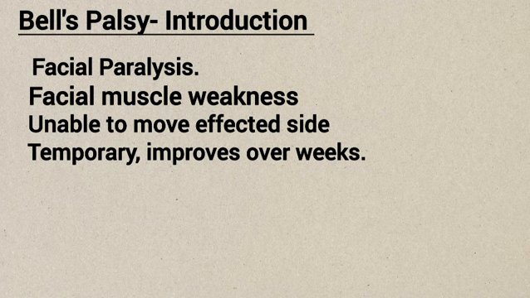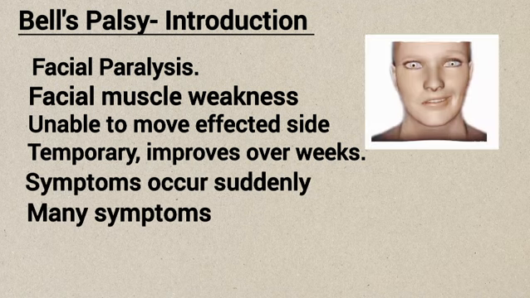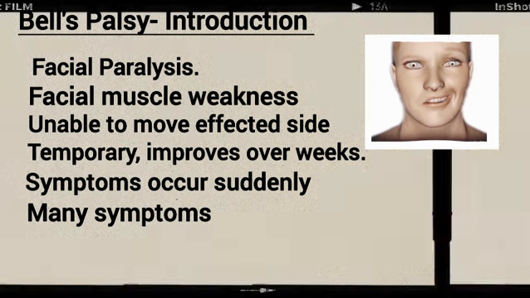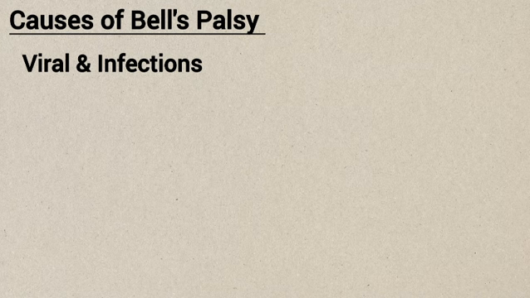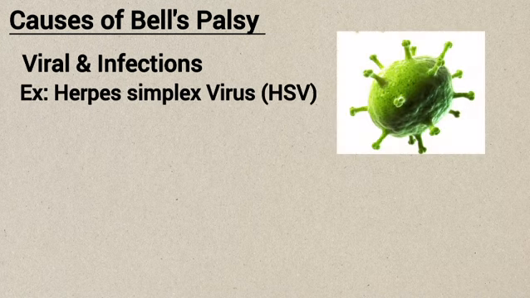Bell's palsy has many symptoms, and the symptoms can occur all of a sudden. Now let's talk about the causes of Bell's palsy. Although the original cause of Bell's palsy is unknown, there are some causes which are linked to it. For example, viral infections, such as the herpes family, which is mainly related to Bell's palsy.